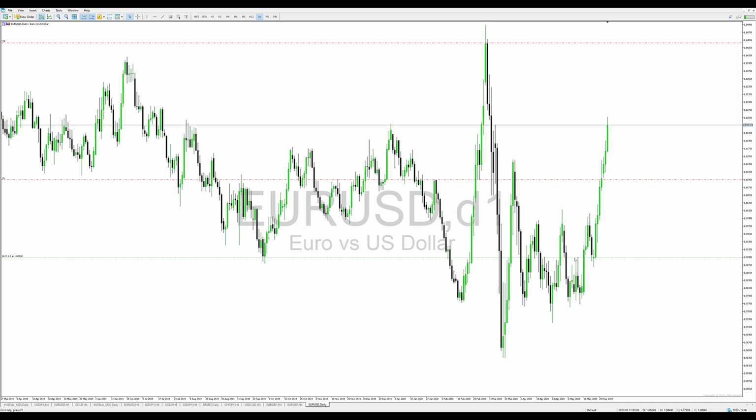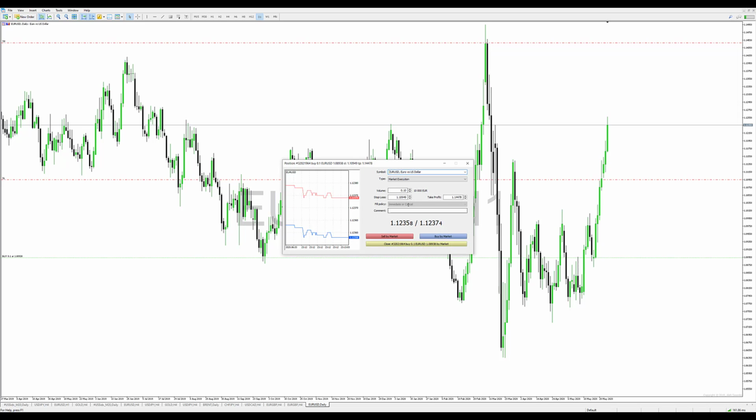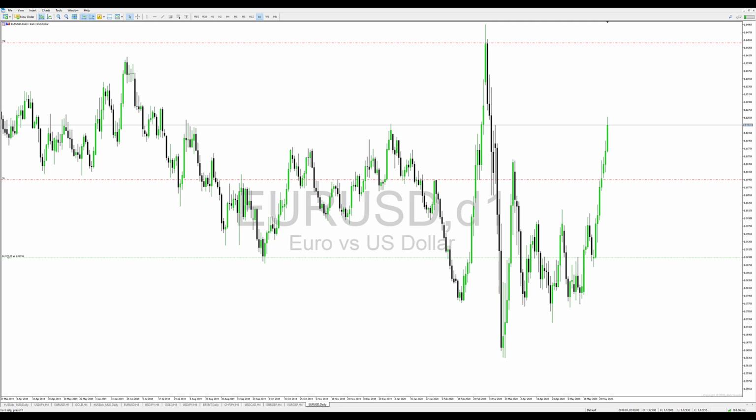So now I'm going to take off half of the position again. So we've got 0.1, I'm going to take off 0.05, and then I'm going to close. So you see now I've got 0.05, meaning I've already taken off 0.05 lot size times 200 pips.